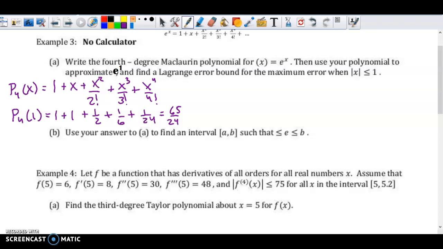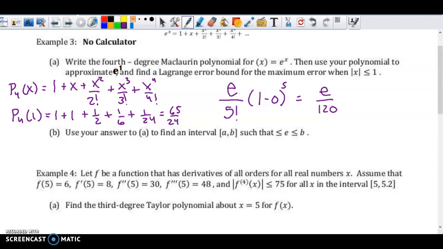So I'm going to use that error formula, but first I need to know what my M is. Well, my max value is going to be e. My n is 4. x is 1. c is 0. And my n plus 1 is still 5. So you could just leave this as e over 120. Once you've done all of that work, you do your norm polynomial and you find your error.